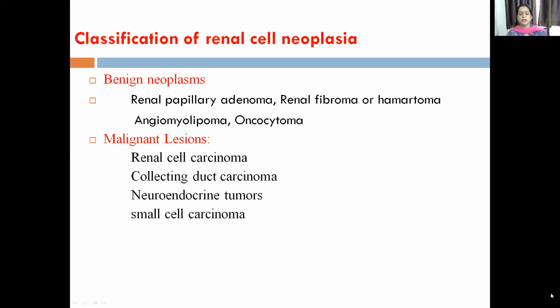What is oncocytoma? Oncocytoma, as the name suggests, is the benign tumor forming the oncocytes. Oncocytes are nothing but those cells which are having abundant eosinophilic granular cytoplasm and a vesicular nucleus that is pushed to one side. So how do you find the gross of the oncocytoma? The gross is mahogany brown or tan brown.